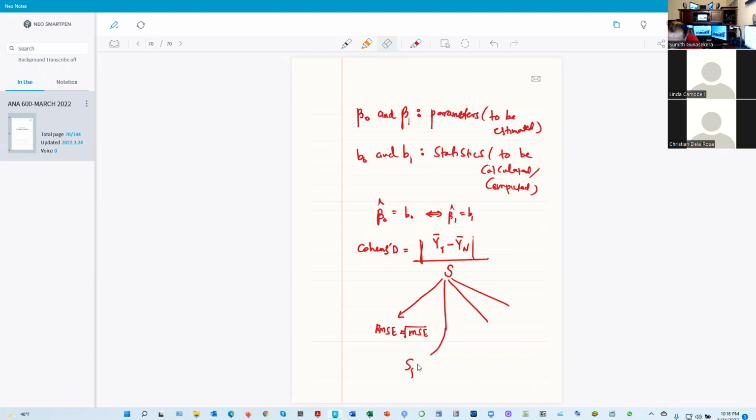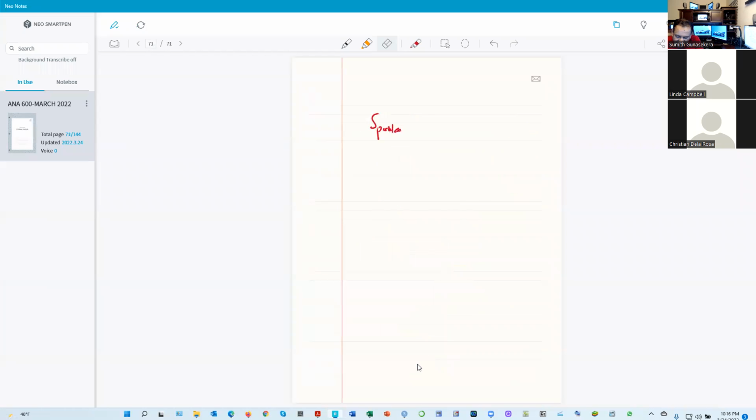Instead of S, you can use S pooled. S pooled is the square root of the degrees of freedom of the yes group, which is the number in the yes group minus 1, times its variance, plus the number in the no group minus 1, times the no group's variance, divided by n yes minus 1 plus n no minus 1, that is n yes plus n no minus 2.